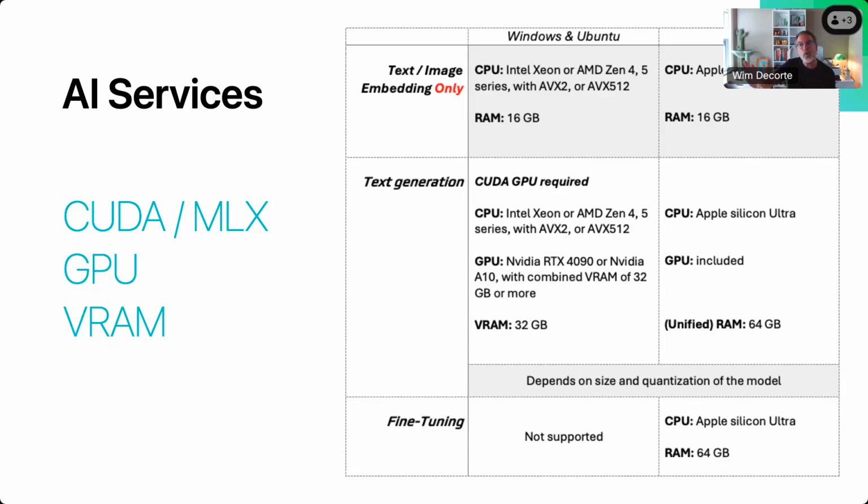AI workloads use a lot of that graphics processing unit. GPUs are different than CPUs, because GPUs are all about doing lots of small calculations, a lot of math in essence, but doing a lot of math in parallel. That's what GPUs do really well, and they do it much better than CPUs.